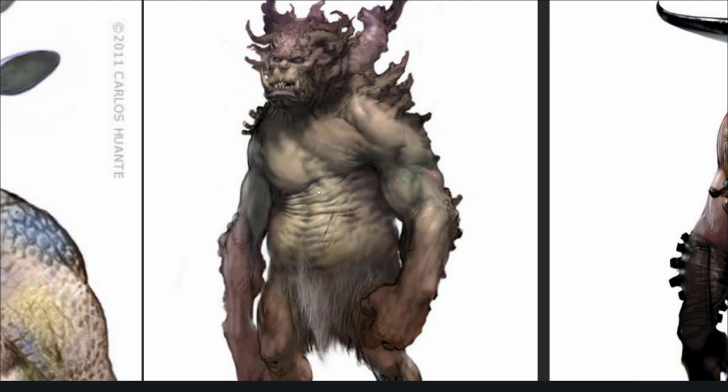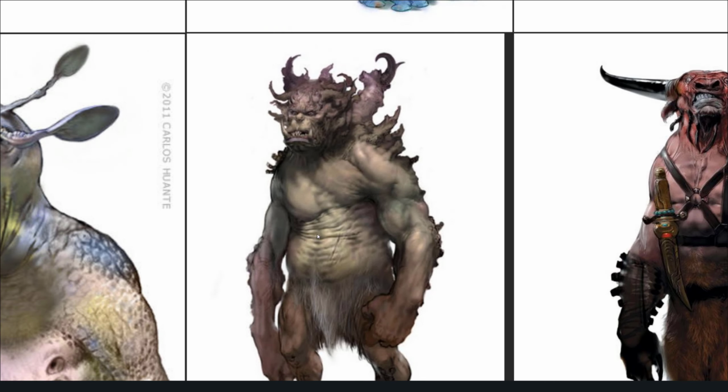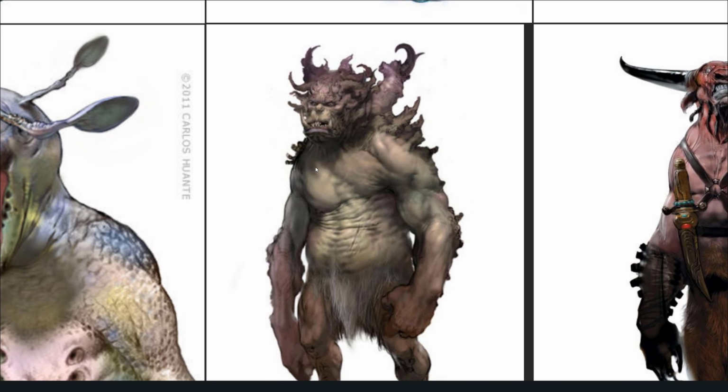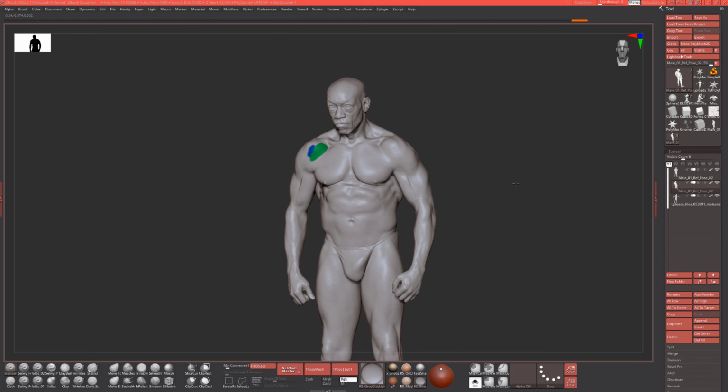As far as I remember, I might be making this up, but I think it's what it was. He said that he doesn't know the names of the muscles, right? To him, it's more important what kind of feeling we get, right? Like what the form tells us, how it reads, right? All of those things. And this is what we get to see here.